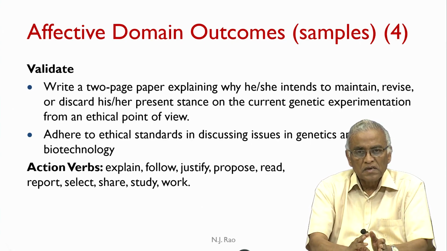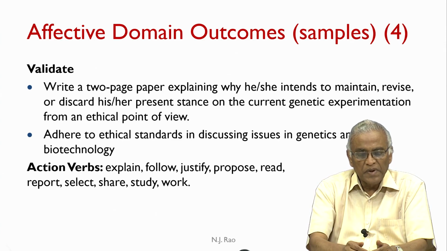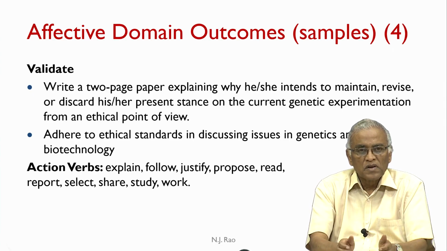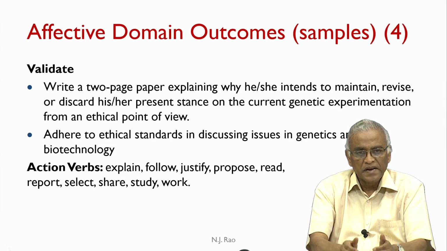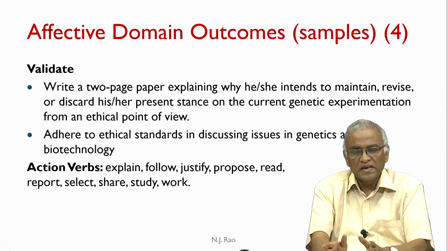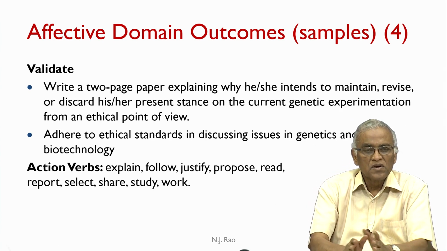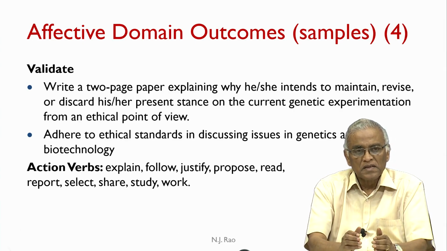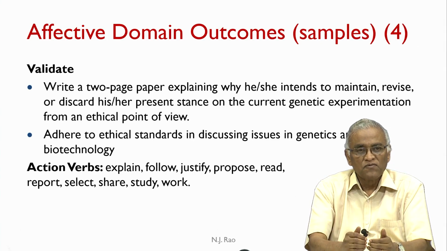So either one is willing to maintain the current standard, or revise or discard. Whatever you do, you are providing reasons for it, explaining in great detail based on the data or assumptions that you make. If you are doing that, then you are going through the process of validation.